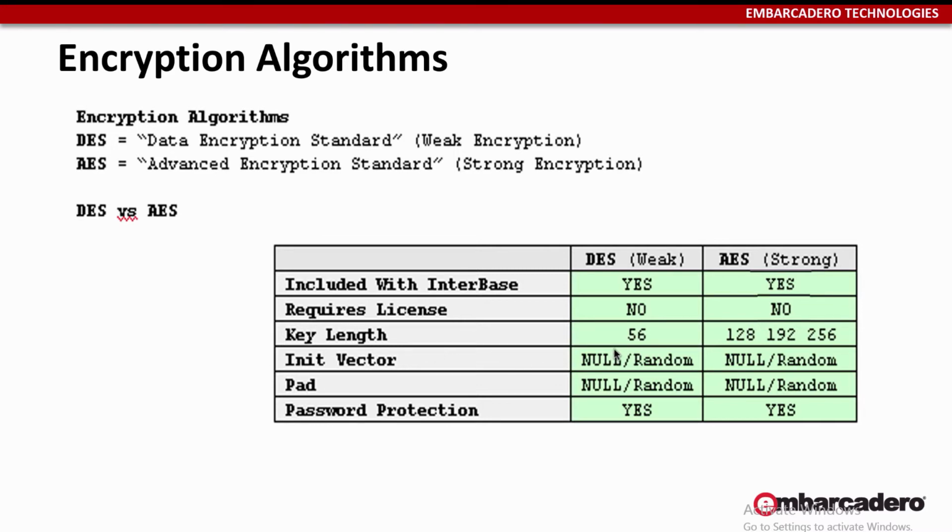DES has just one key length option, which is 56 bits, and AES has the option of using 128, 192, or 256-bit key lengths. Both support init vector of null and random, and both support pad of null and random, and both support password protection.